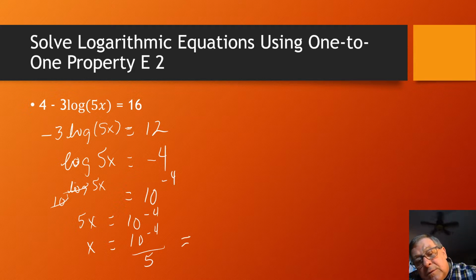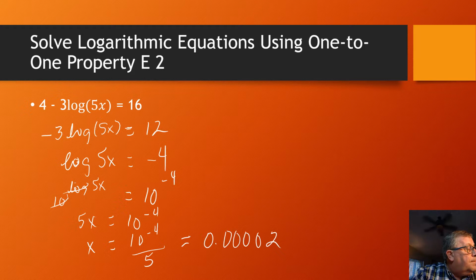That equals 0, and I move that decimal 5 places, ending with a 2. That's a pretty small number: 2 over 100,000, or 0.00002.